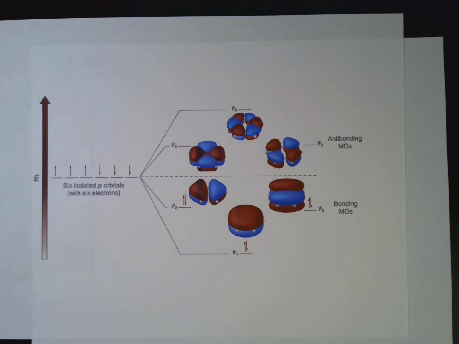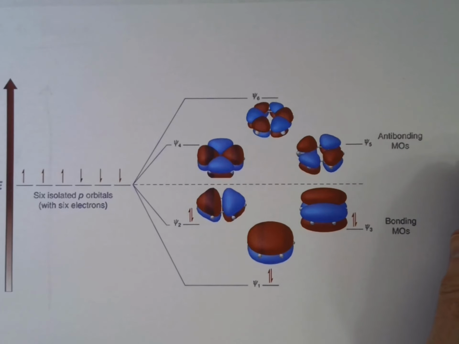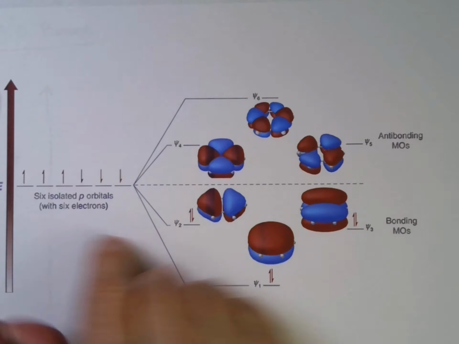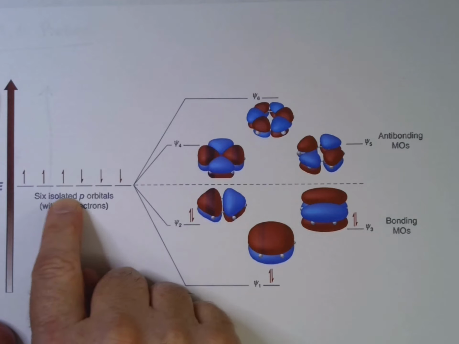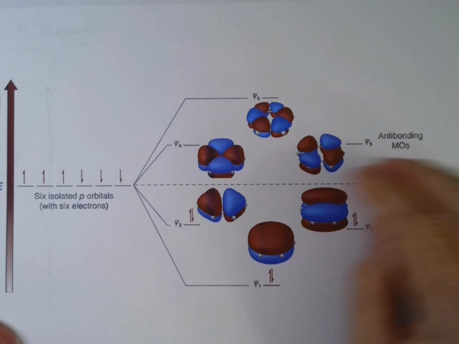Let me zoom in a little bit here. There we go. And there are 6 molecular orbitals because there are 6 p orbitals and 6 pi electrons that contribute to the overall pi system.